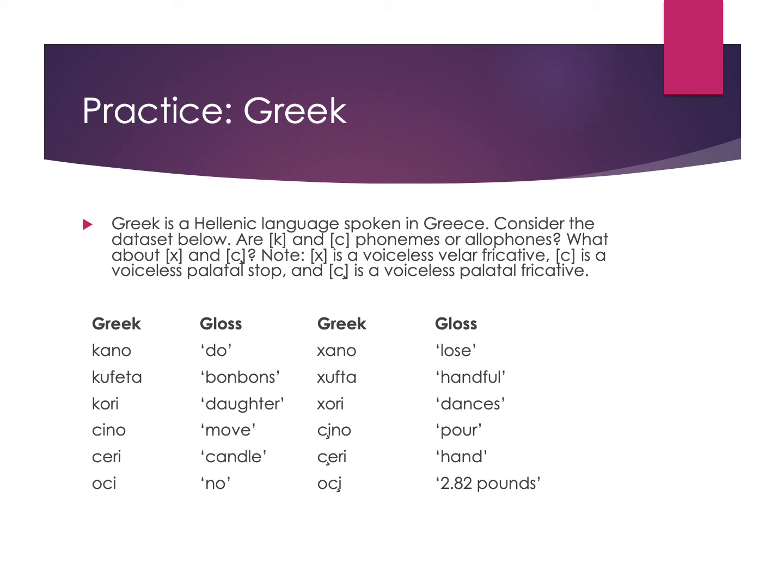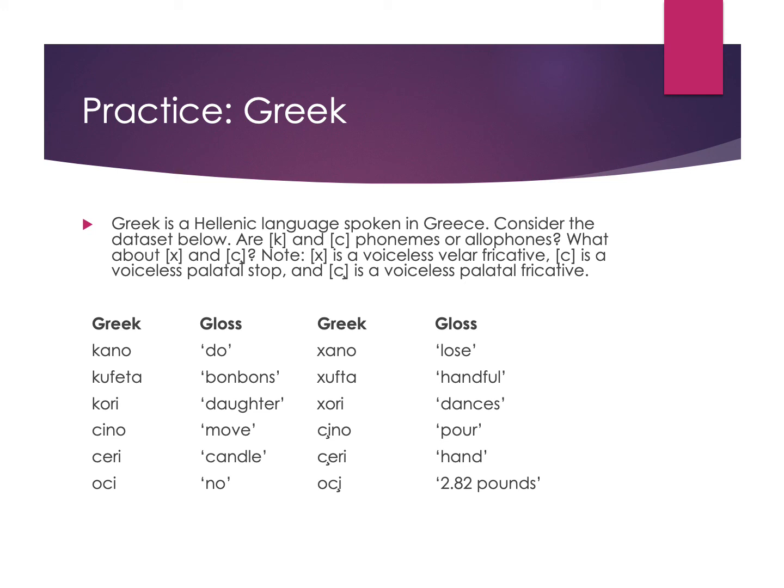So if we look through this data set, and we're looking at k and c, you'll notice that we're finding those in that first column. So we want to look for first minimal pairs. And if you look just down that first column, you'll notice that there are no minimal pairs between the k and the c showing up. There's always different sounds, there's something different each time.